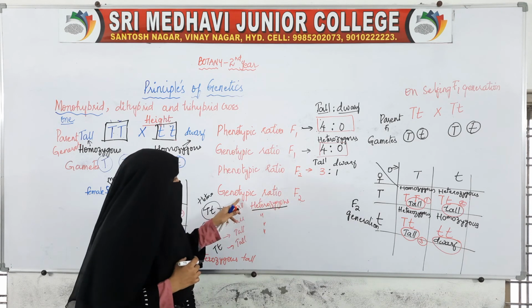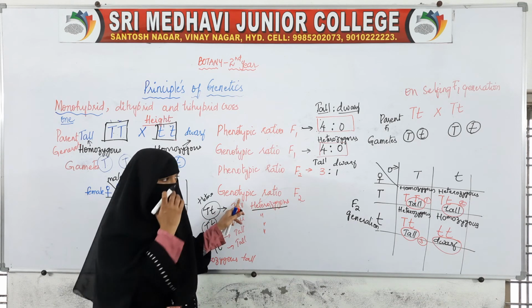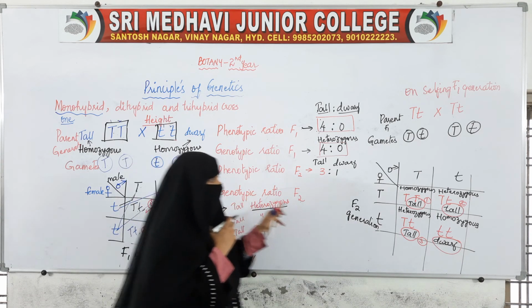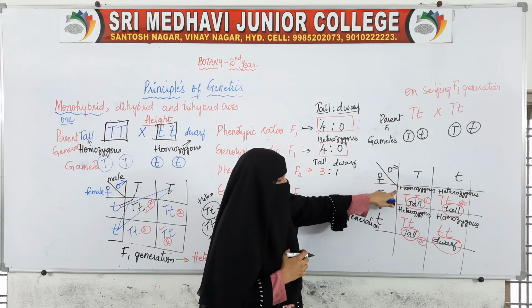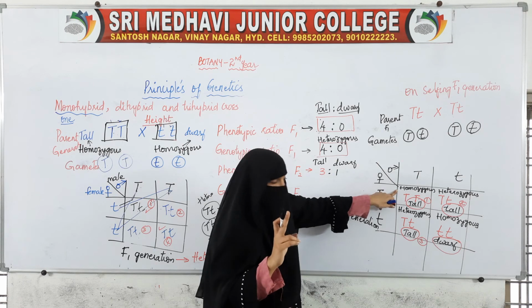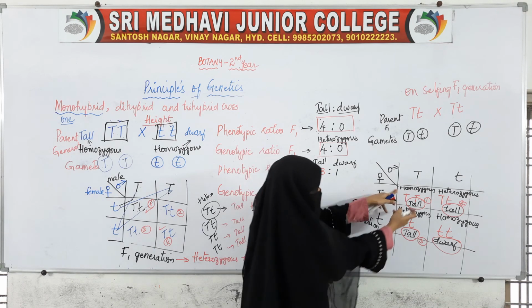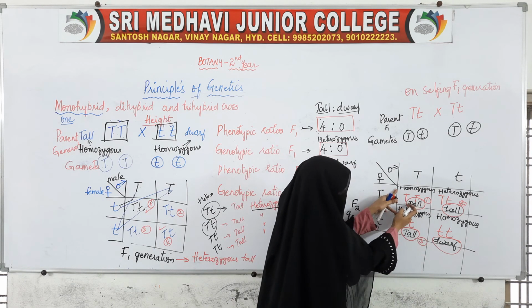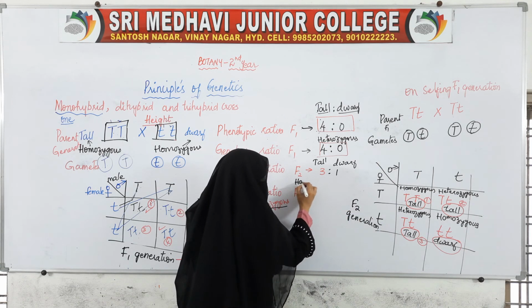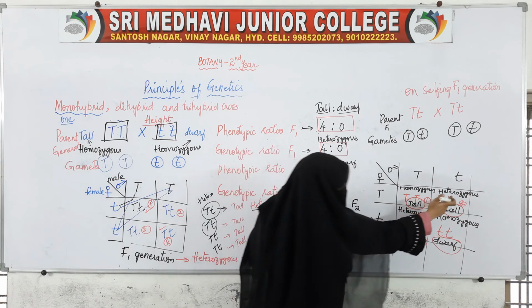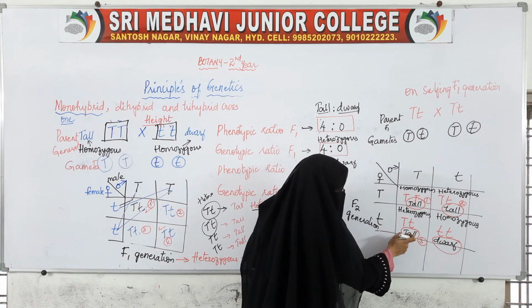Now coming to the genotypic ratio. What type of genetic material is it having, the genetic makeup? This is homozygous tall. Homozygous tall is only 1. Then we have, this is heterozygous, this is also heterozygous.